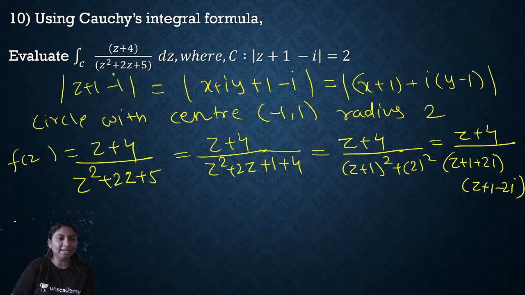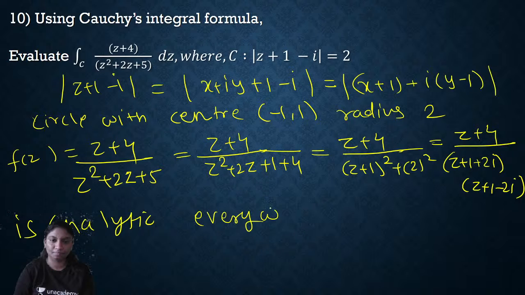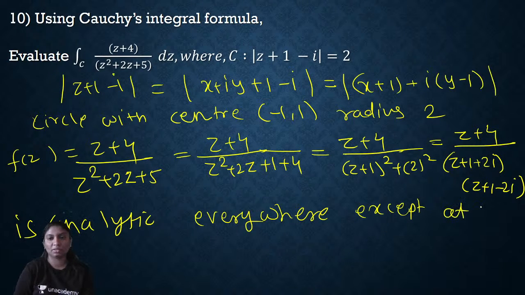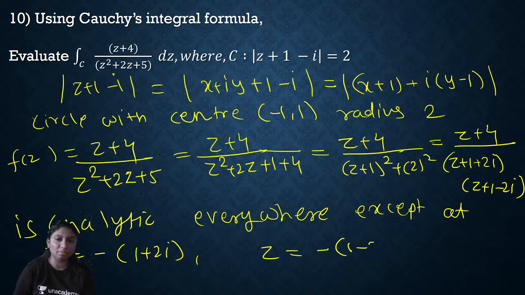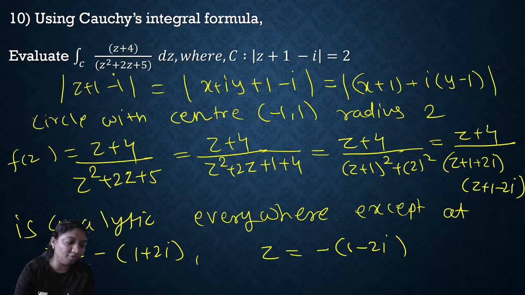So f of z is analytic everywhere except at z is equal to minus 1 plus 2i and z is equal to minus 1 minus 2i, which are poles of order 1, that is, simple poles. So we will use Cauchy's integral formula.